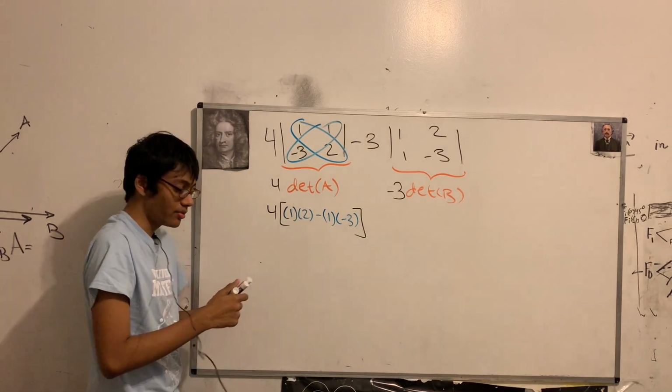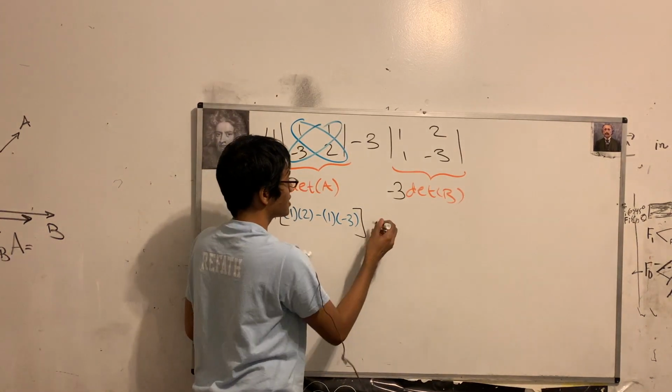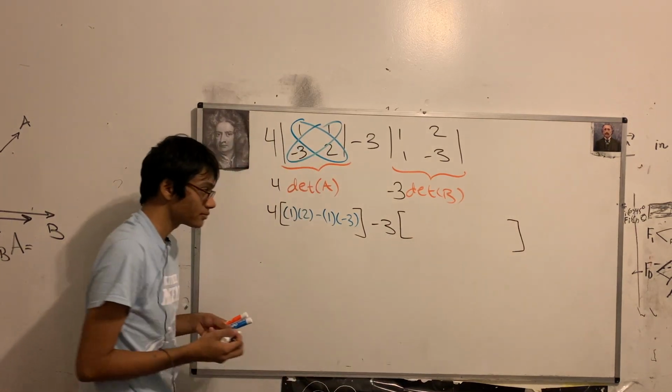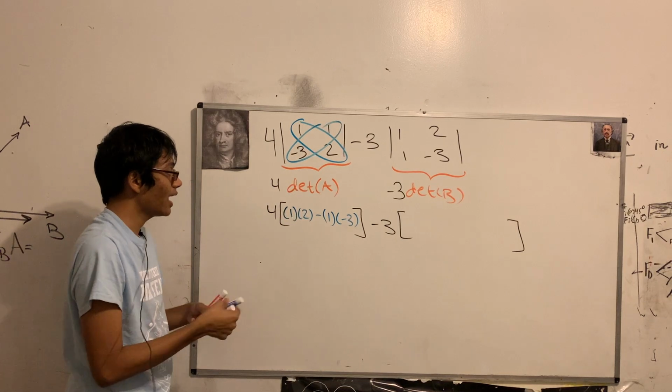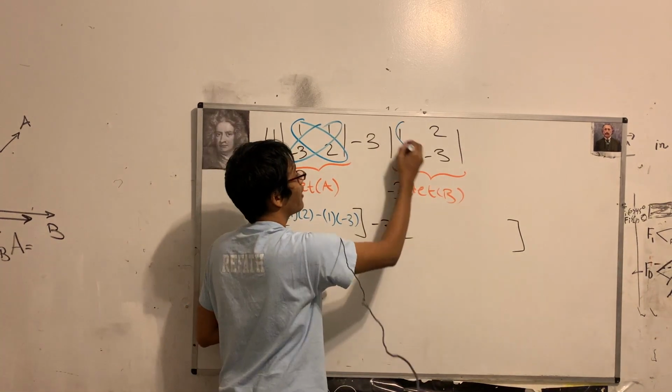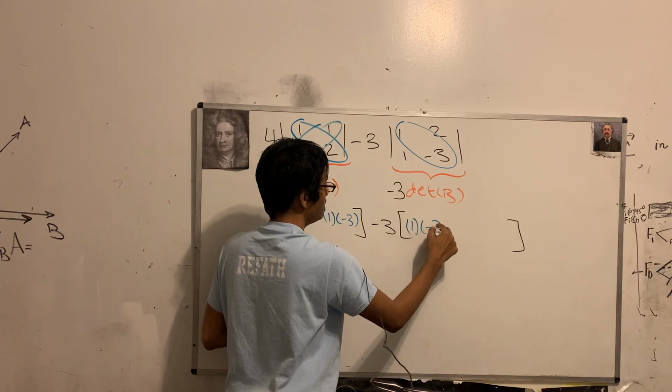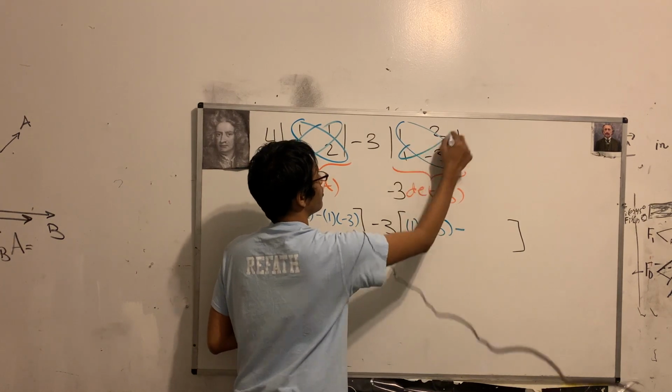That's our first determinant. Likewise, we're going to do the same thing with our second matrix. So once again, the product of this diagonal, 1 times -3, minus 1 times 2.